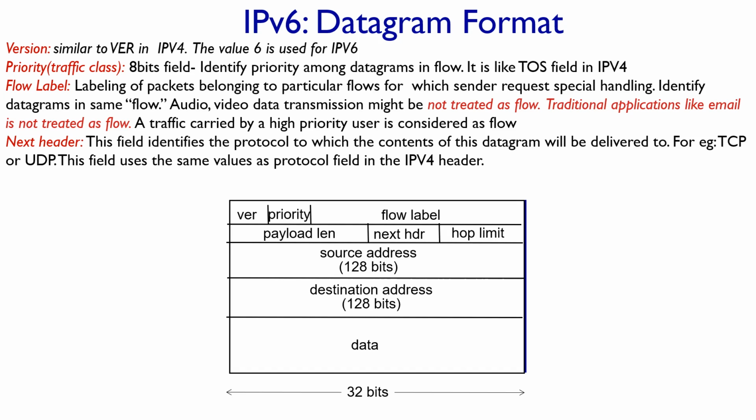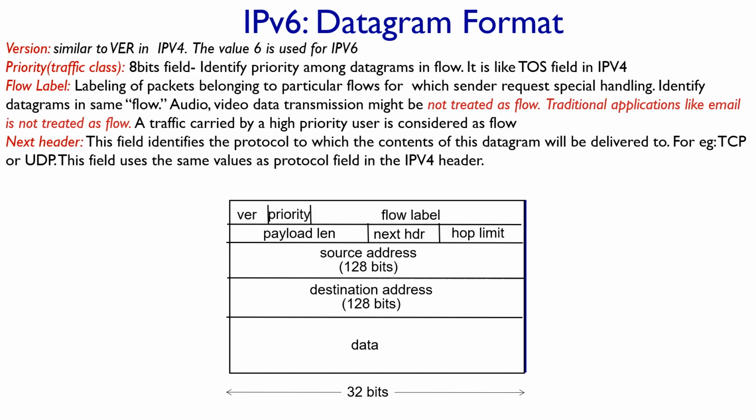Then flow label. Here it is the labeling of the packets belonging to a particular flow for which the sender requires special handling. For example, identifying the datagrams in the same flow, meaning continuous datagrams of a common audio file or video file. These are flows.